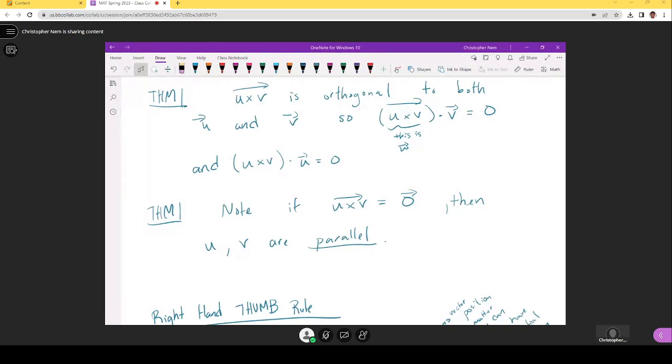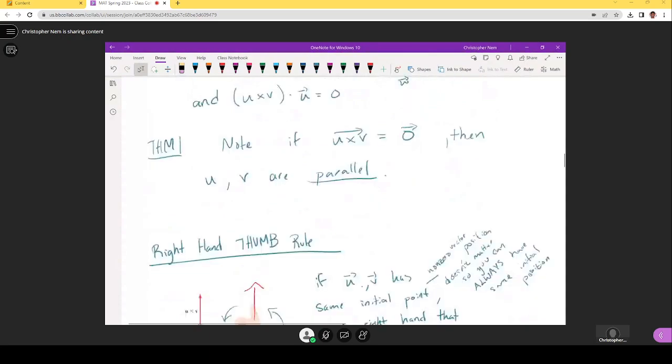This is the other idea we have with the dot product. The dot product says if I get 0 scalar, they are going to be orthogonal, whereas the cross product says if I get the 0 vector, they are going to be parallel. So there are some nuances you have to be careful about.